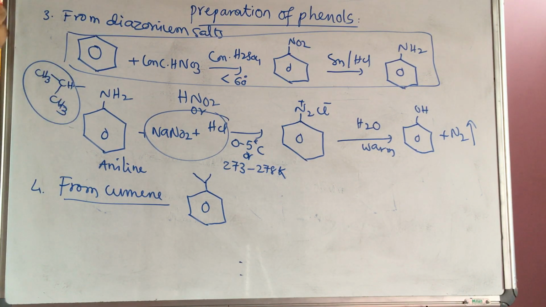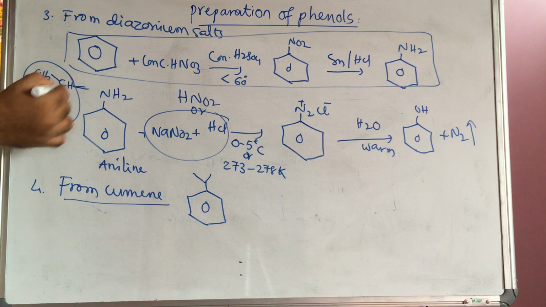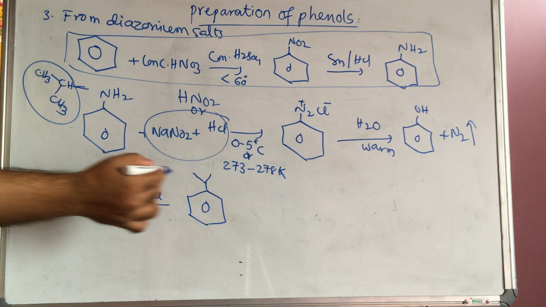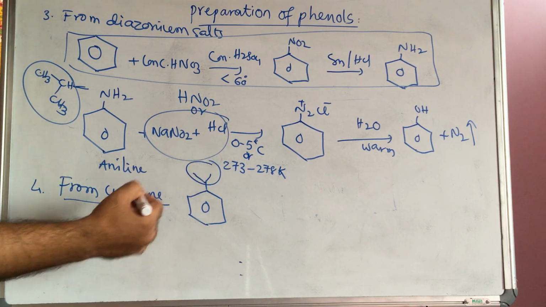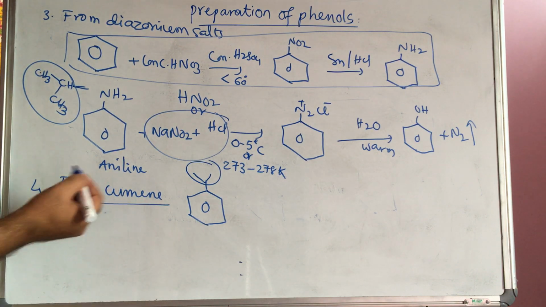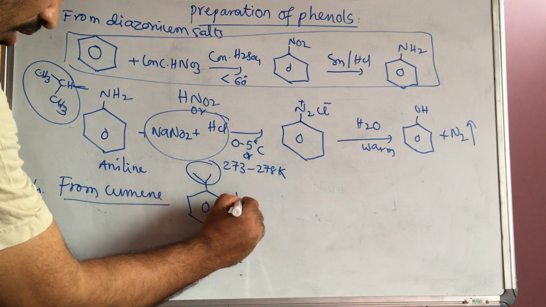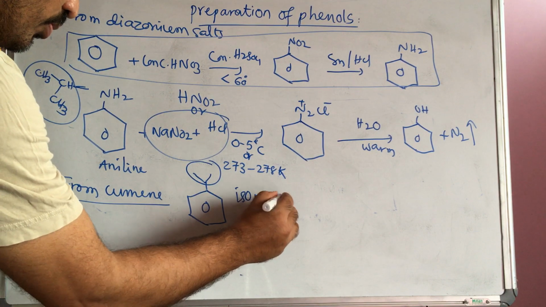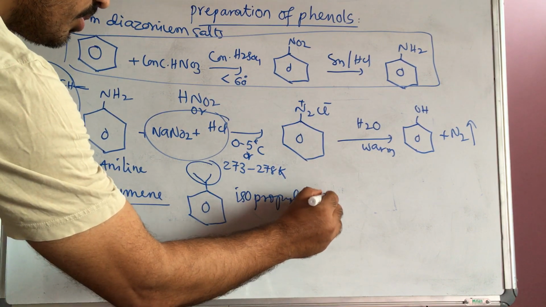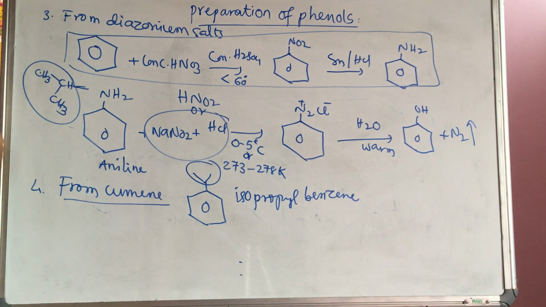This group is called what? Iso. How many carbons are there? 1, 2, 3, so propyl. One hydrogen is less, that's why iso. Isopropyl, and this benzene. Isopropyl benzene is also known as cumene.